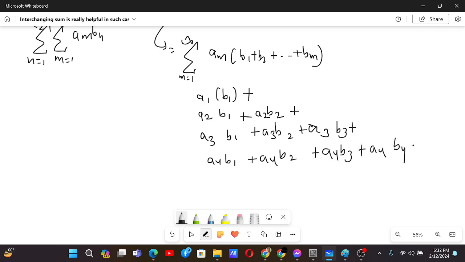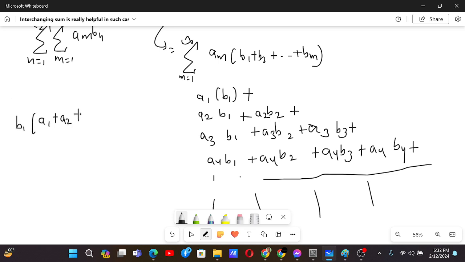In a similar fashion it goes down, and it goes over here as well. Now if I want to write this sum in a different way, for example, if I take b_1 common, I have a_1 plus a_2 going up to infinity.